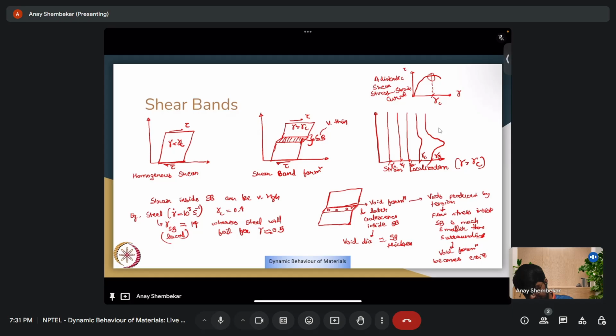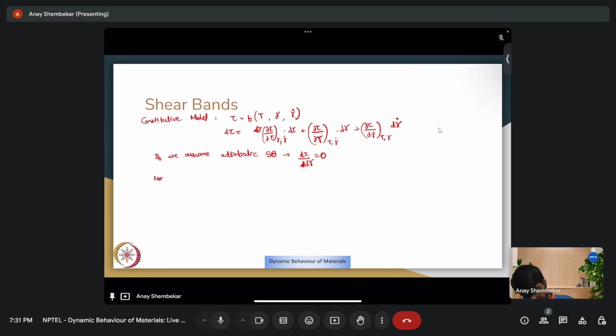And if we assume a constant strain rate condition, which is how the experiment would typically be performed, you have d gamma dot equal to 0. Therefore, we have d tau by d gamma equals partial tau by partial T into dT by d gamma. This is how the equation looks.